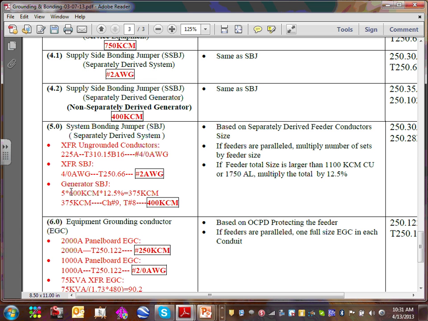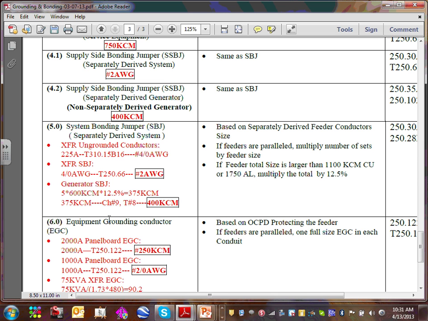You take the phase size, which is 600, multiplied by 5, and same thing, like any system bonding jumper, get your 375 kcmil, and you go to Chapter 9, Table 8, and get 400 kcmil. So my system bonding jumper is 400 kcmil, or it could be a UL-listed copper piece that came with the generator, bonded together right there. But if it's a wire size, that's the size you need for the main bonding jumper.